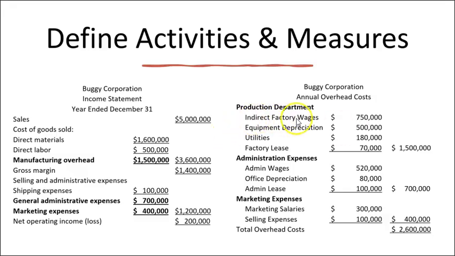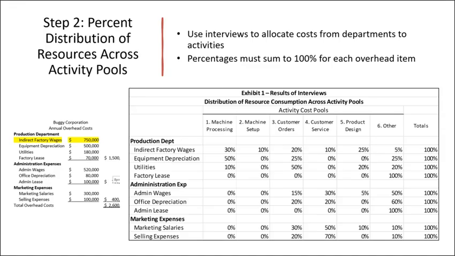First up, indirect factory cost of $750,000. So ABC divides overhead cost among activity cost pools using an allocation process. This is called first stage allocation. First stage allocations are based on interviews with employees who have first-hand knowledge of the activity.